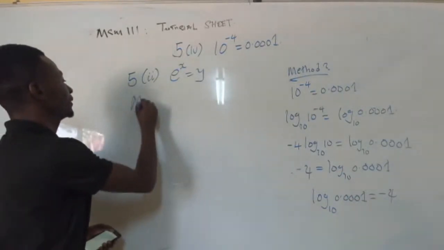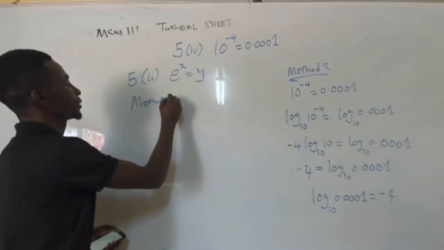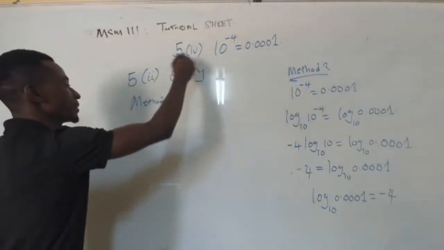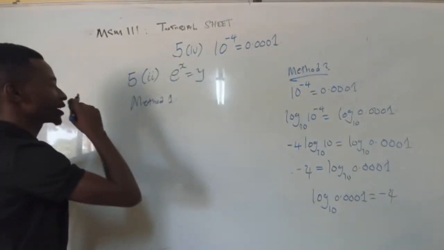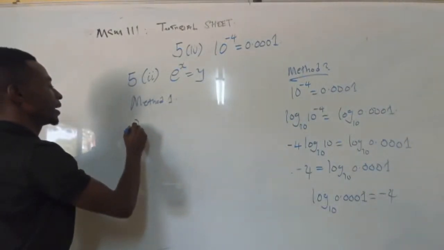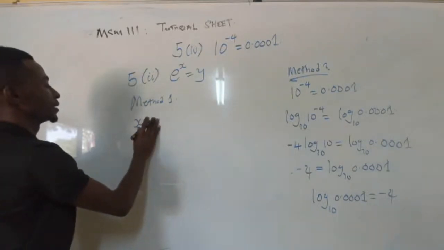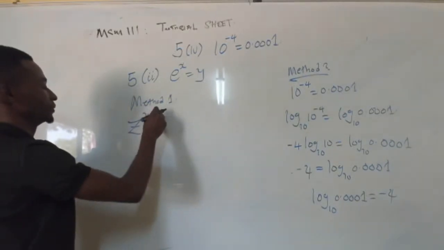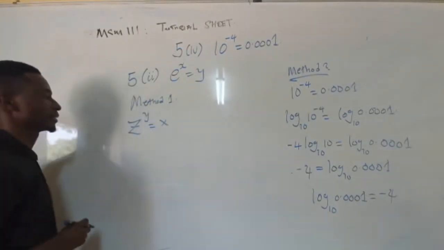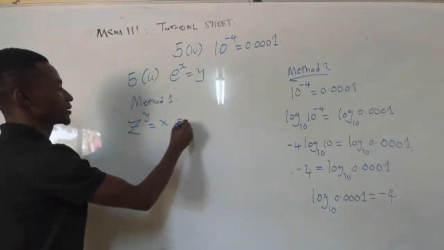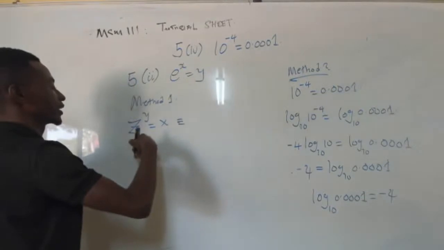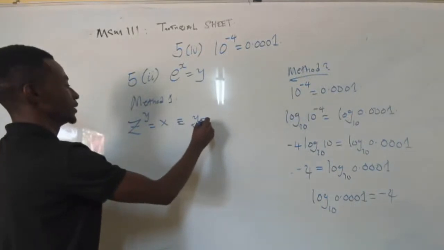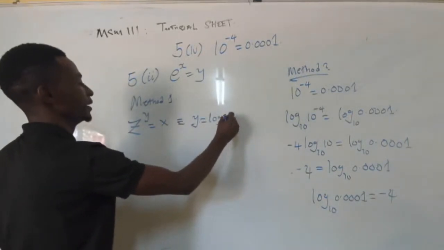So using method 1, we're saying if you have z to the power y equal to x, this is equivalent, in logarithmic form, to y equal to log z of x.